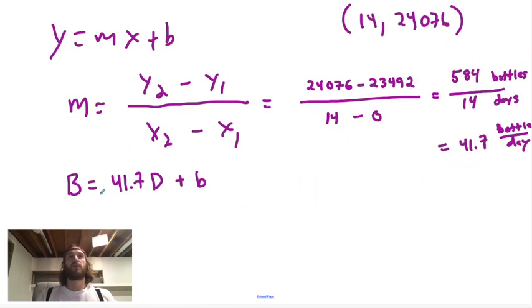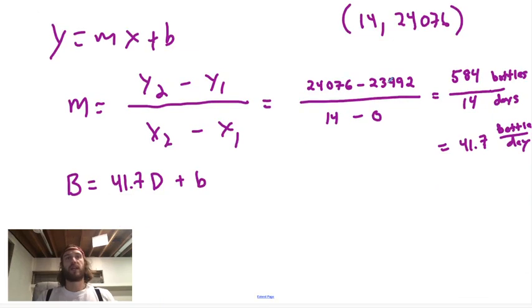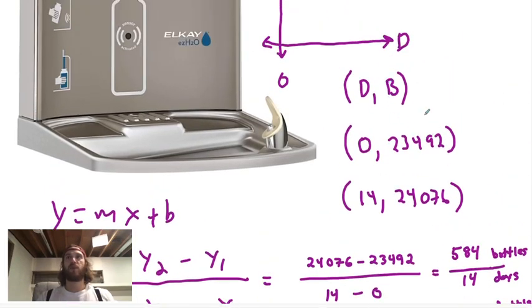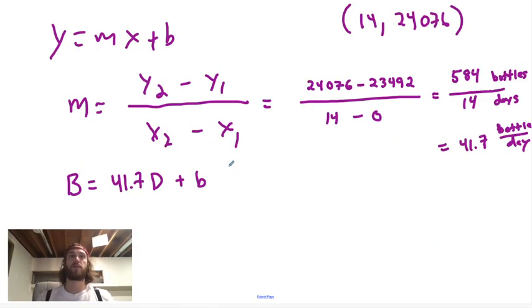Normally we would just take a point and plug it in, and we can use either point, but right now you can probably recognize that we already know the y-intercept. This is our starting point, where time equals 0, and our y-intercept is just 23,492. On September 5th, which is our starting point, we had 23,492. That's our y-intercept. So we can actually just jump right to our answer here.